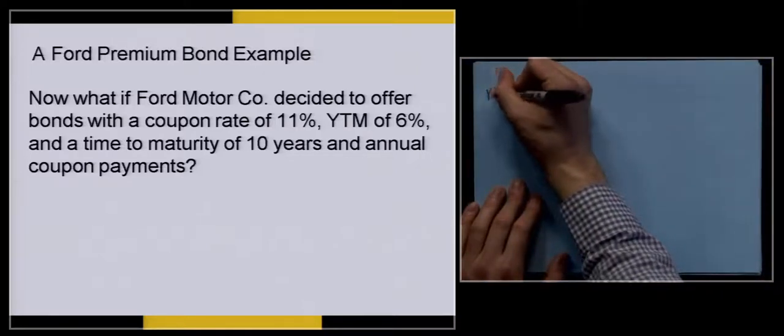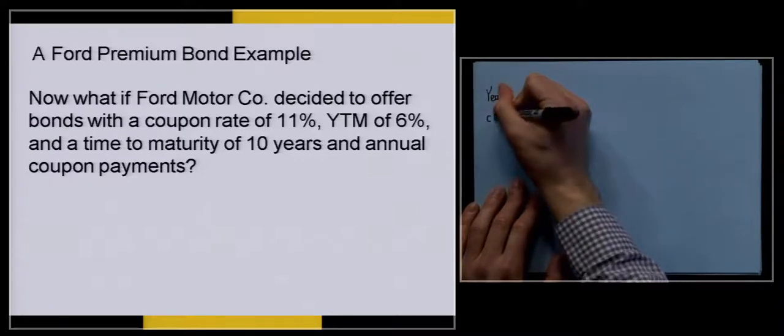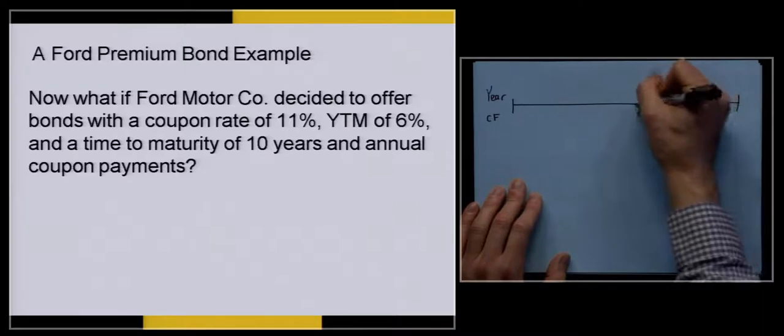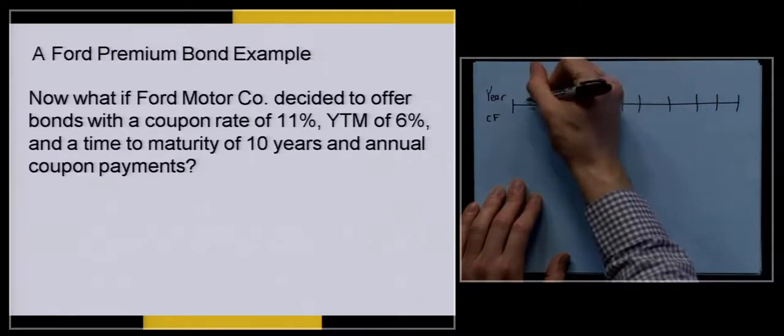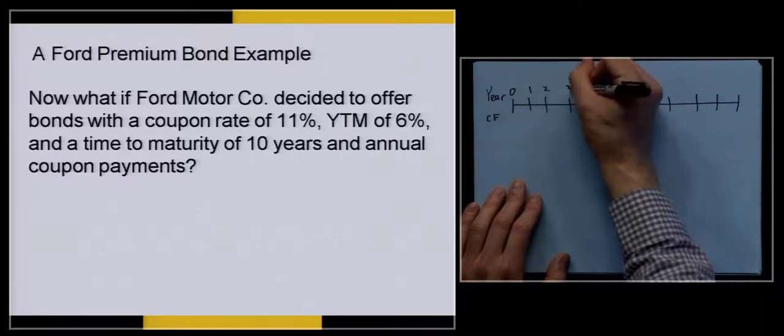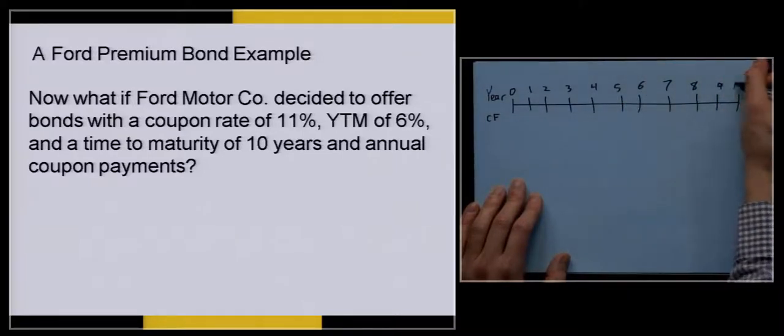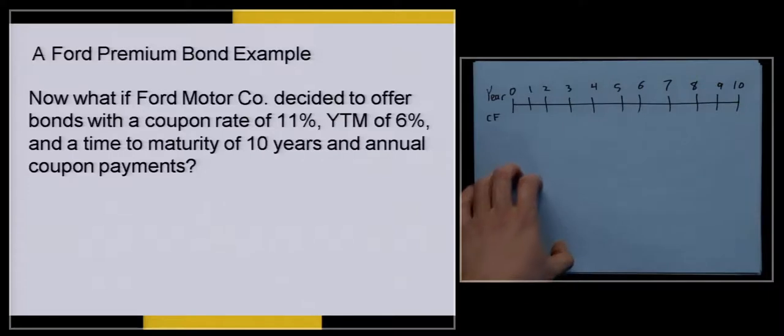So here we have year and cash flow, and we have a lot of cash flows: 0, 1, 2, 3, 4, 5, 6, 7, 8, 9, and 10. Our coupon rate here is 11%.